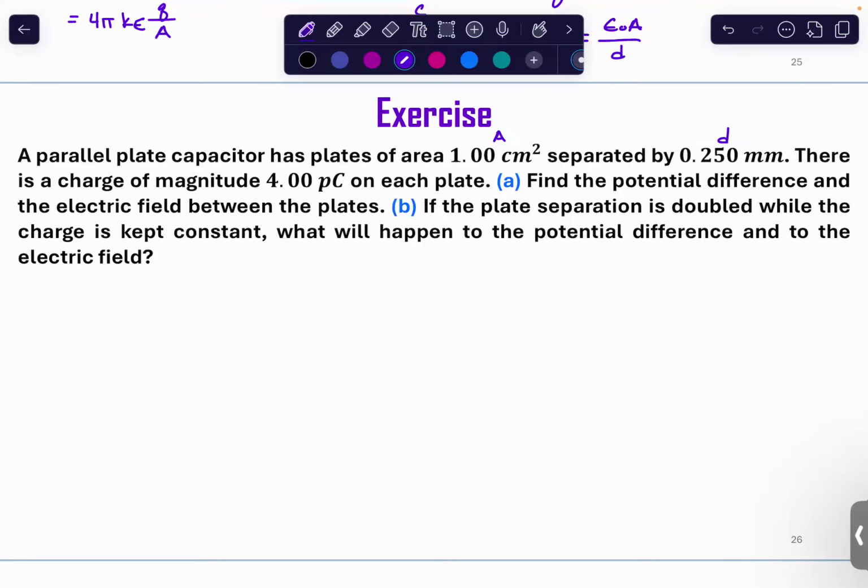Pico is 10 to the negative 12. Nano is negative 9, angstroms is negative 10. Pico is negative 12.